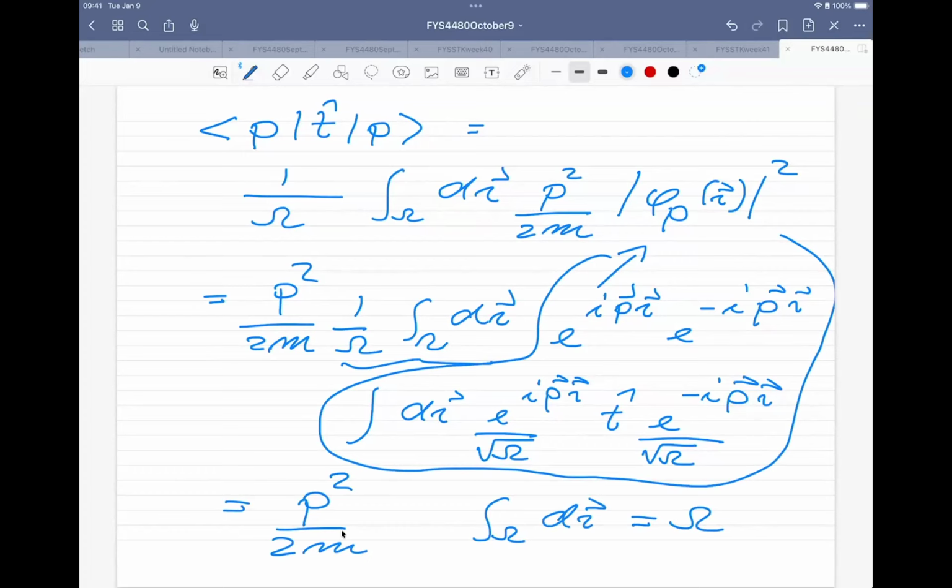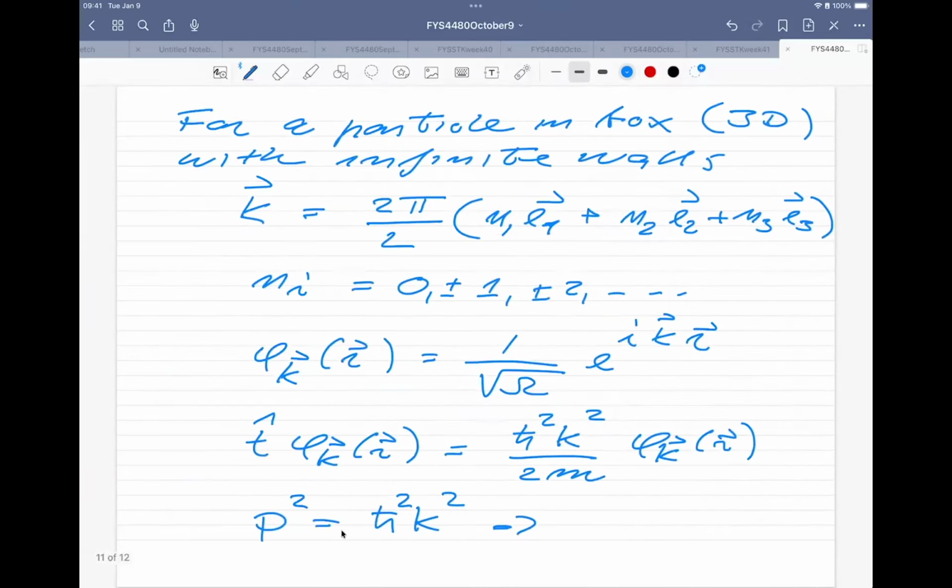So this means that this p squared is actually proportional to, if you go back to the quantized numbers which we had here, if I now square k, n1 squared, n2 squared, and n3 squared, because e1 times e2 is 0, since they are orthogonal to each other. I am assuming that this is an orthogonal basis.